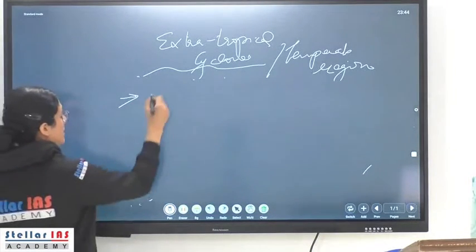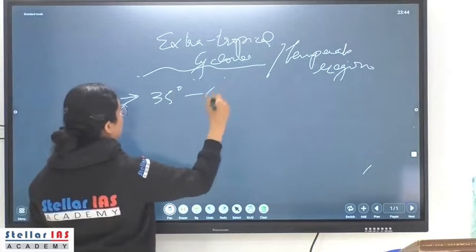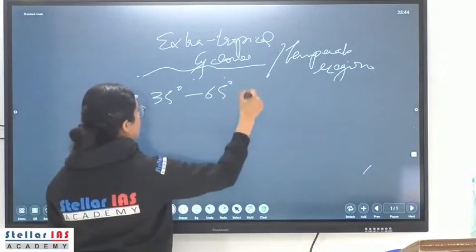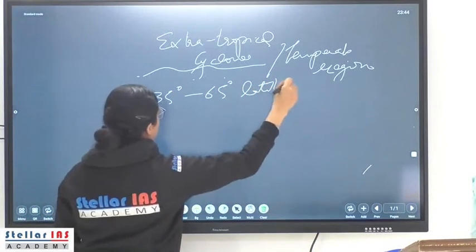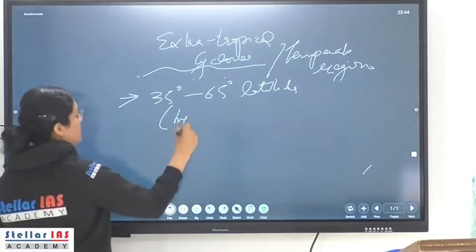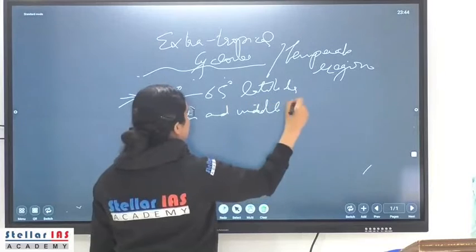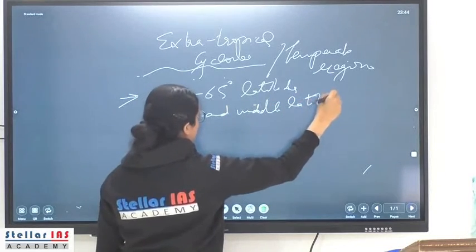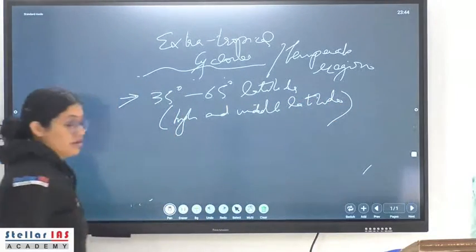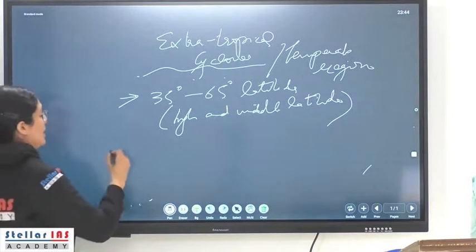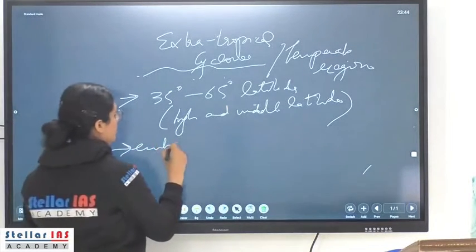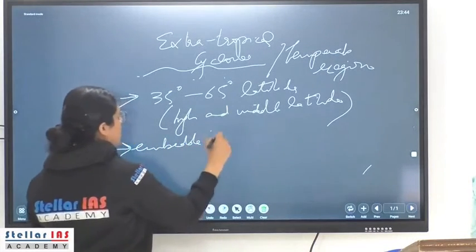So extratropical cyclones, they develop in 35 degrees to 65 degrees of latitudes, right. So they are a feature of high and middle, or you can say the temperate latitudes, right. Extratropical cyclones, they are embedded in the westerlies.